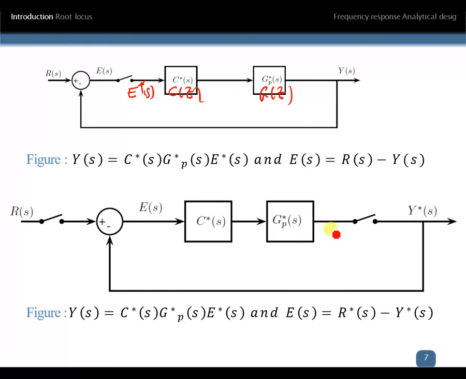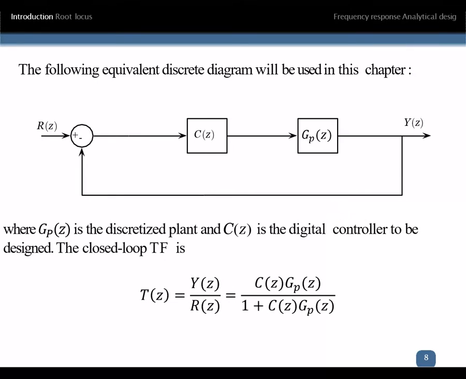If you have a sampler, Y(s) will be C(s) multiplied by E star (s), and E star will be R star (s), because R(s) becomes R star here, minus Y star here, because here is Y(s). Take the sample, and it becomes Y star (s). Those are the two different shapes.